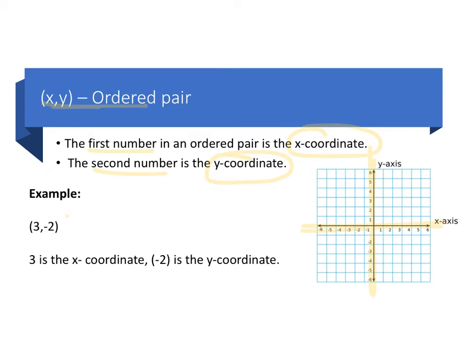Here's an example: (3, -2). 3 is the x coordinate, so it follows along this line to positive 3. Negative 2 is the y coordinate, meaning we go down 2 and mark our ordered pair.